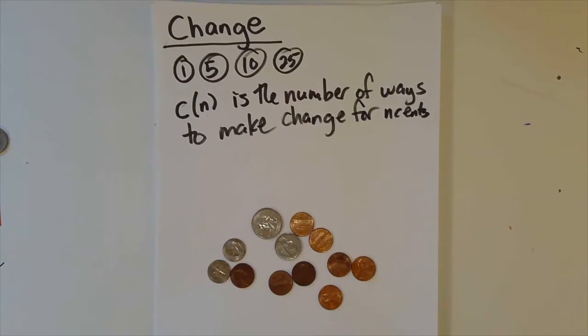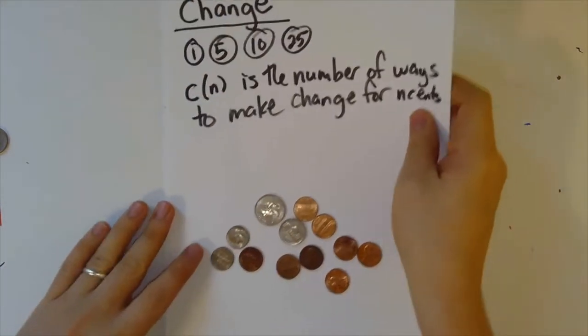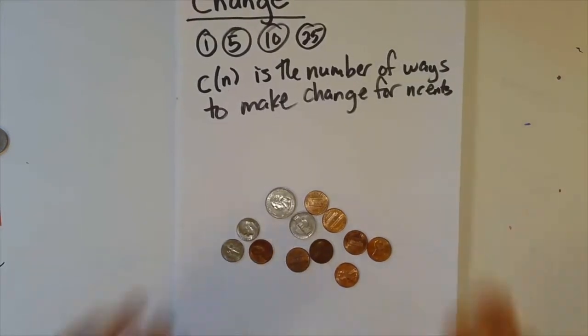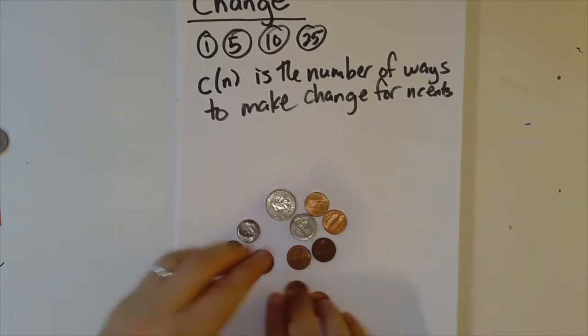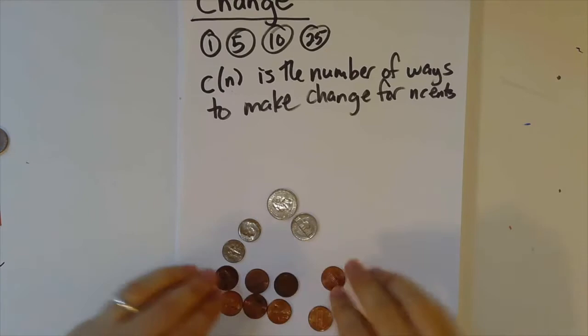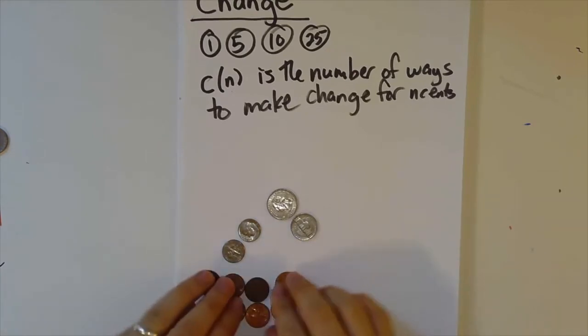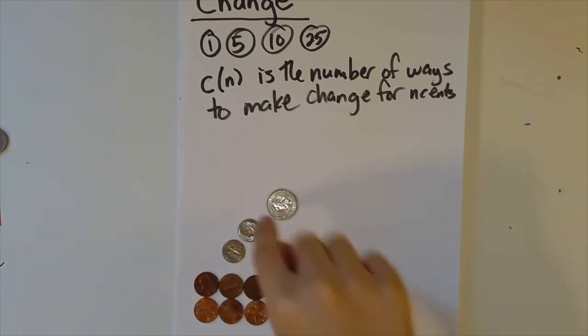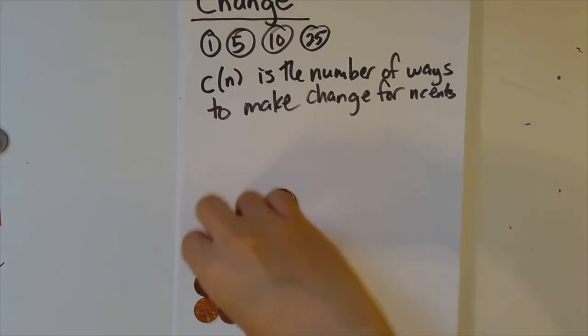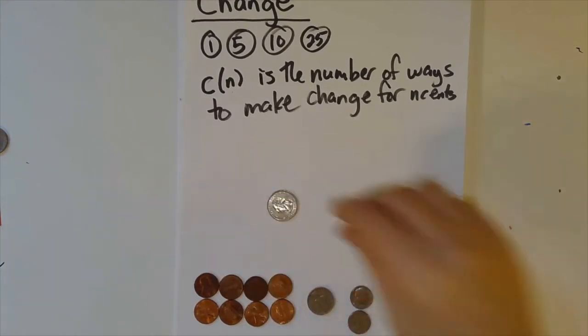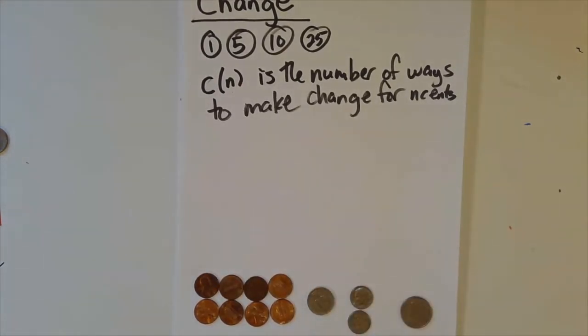Just like last time, we're going to follow along with an example so we can make sure we believe what I'm going to write down. This is one way of doing it for 58 cents, which is 8 pennies, 1 nickel, 2 dimes, and a quarter.